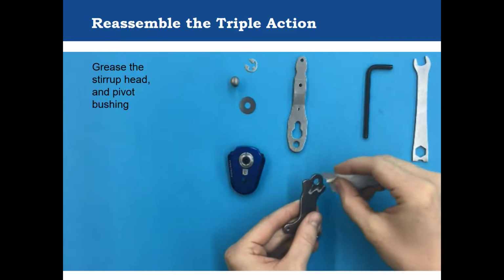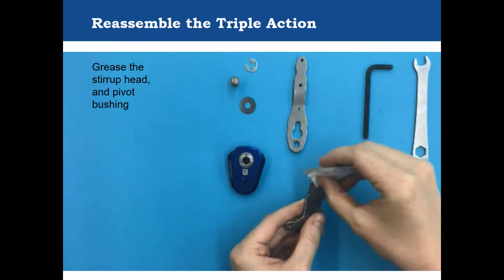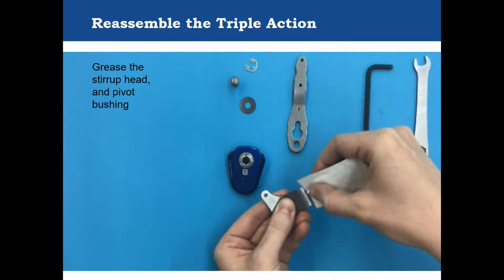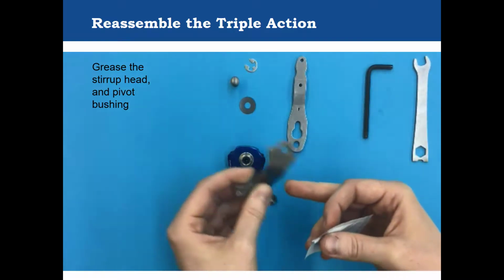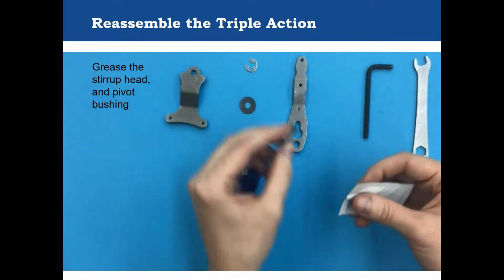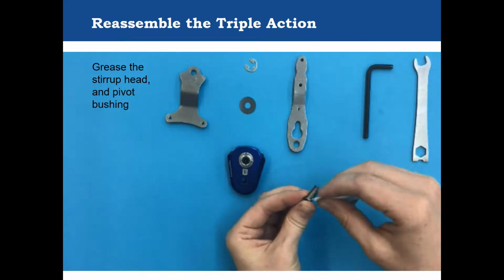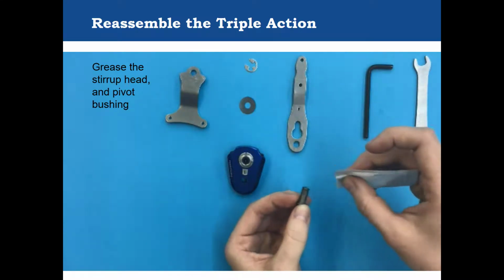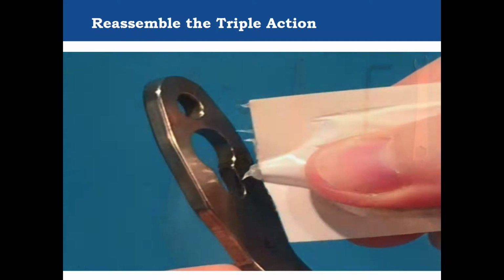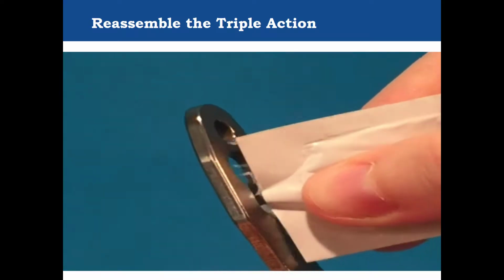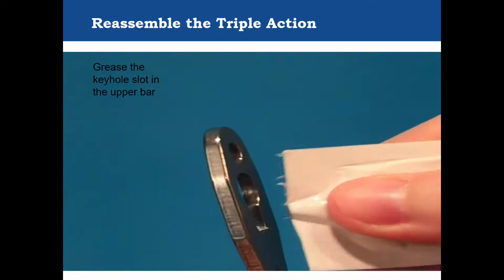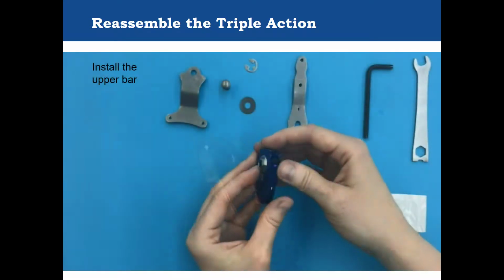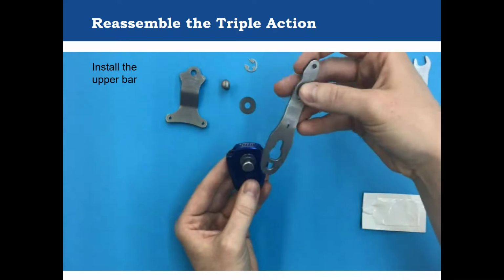First apply Teflon grease to the stirrup and pivot bushing. Also apply grease to the keyhole-shaped slot in the upper bar. Attach the upper bar to the component body.